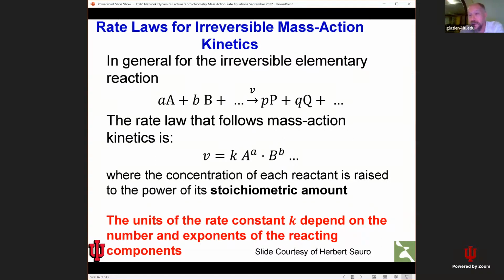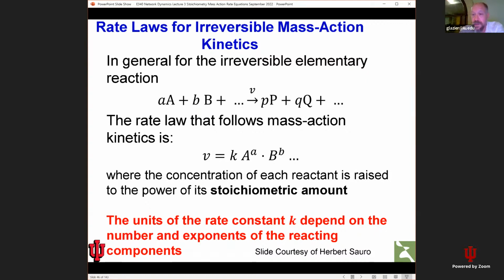A has units of moles or molar. B has units of molar. If A is raised to the fourth power, I have moles to the fourth. If B is raised to the fifth power, I have units of moles to the fifth. A to the fourth times B to the fifth has units of moles to the ninth.